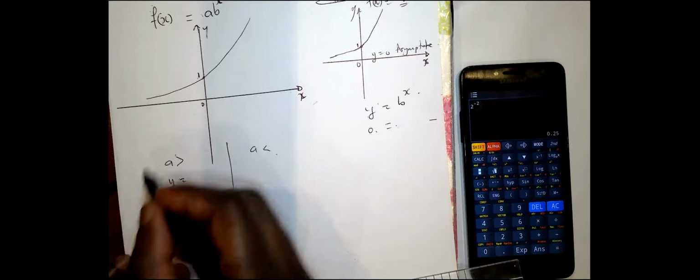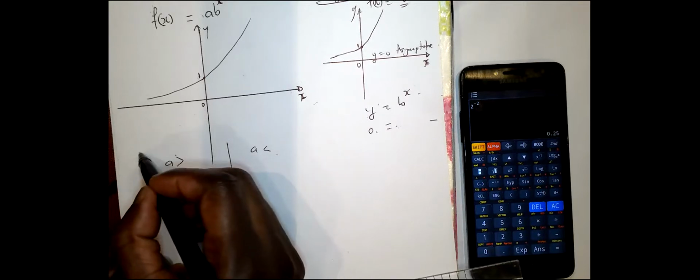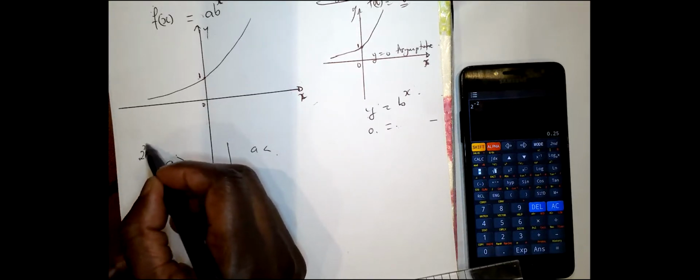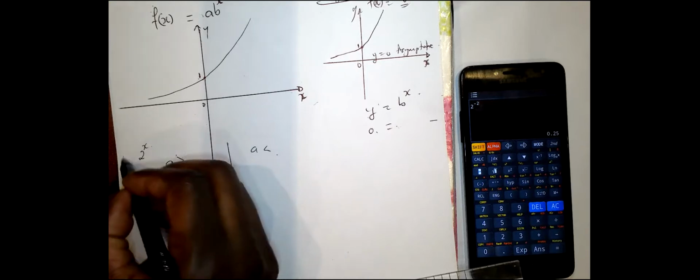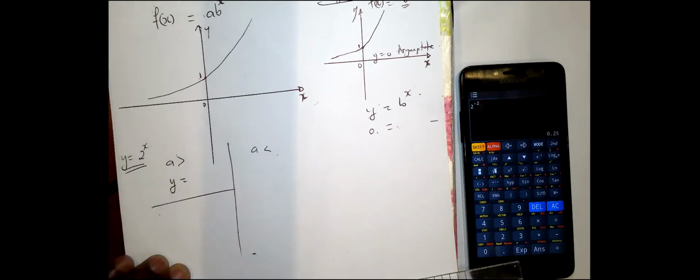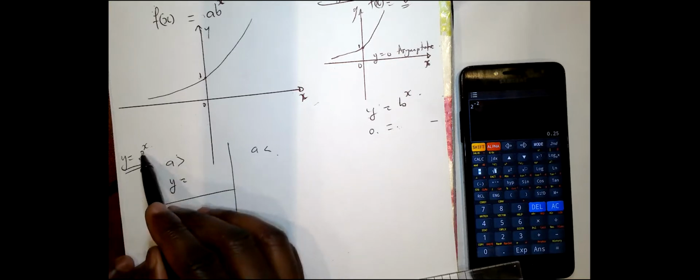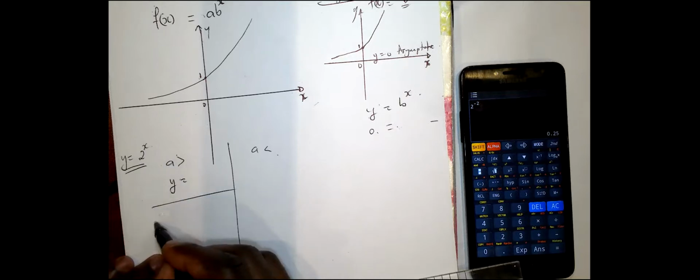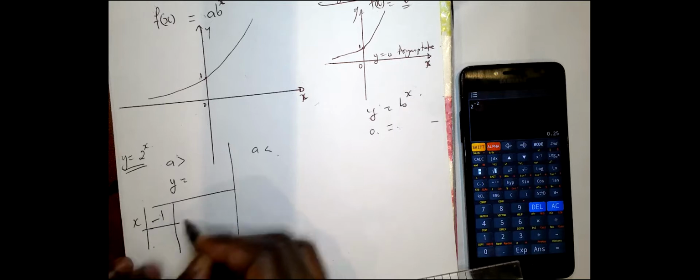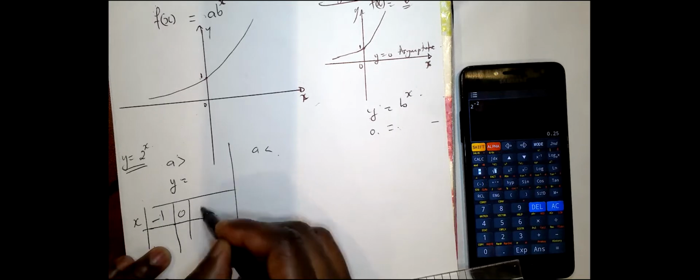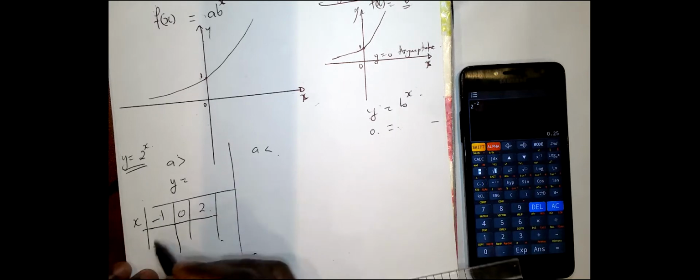For the equation y equals 2 to the power of x, when x is equal to -1, we put -1 there, and when x goes to 0 and when x goes to 2, what do we get there?